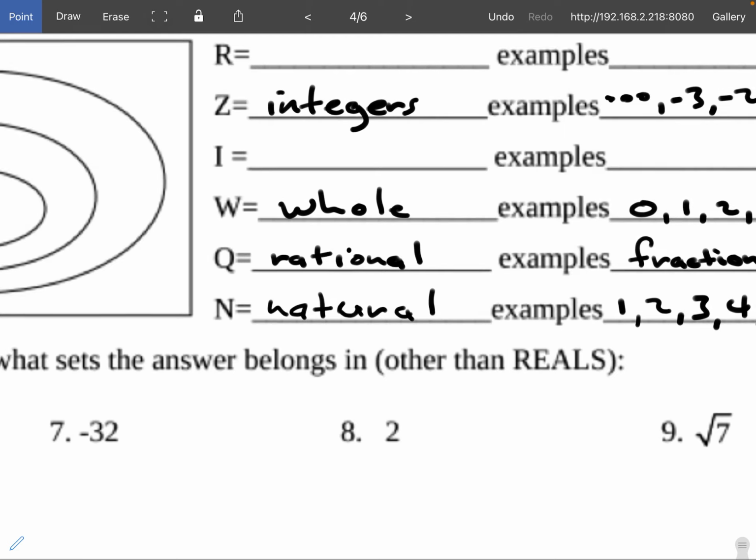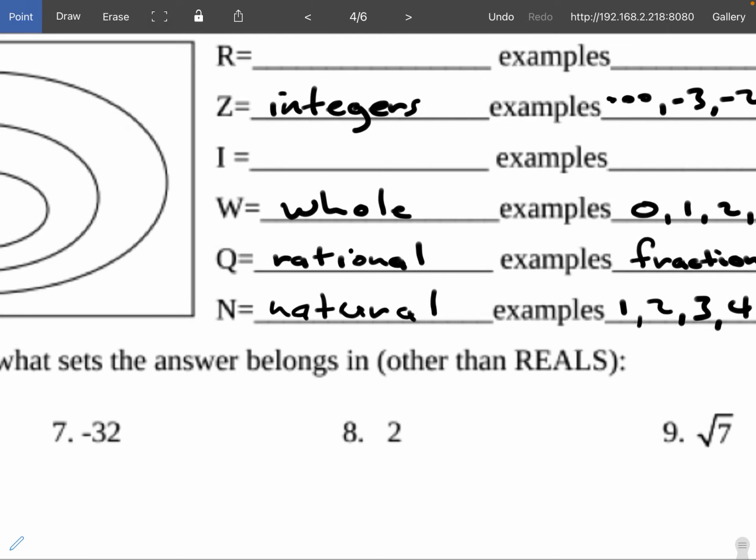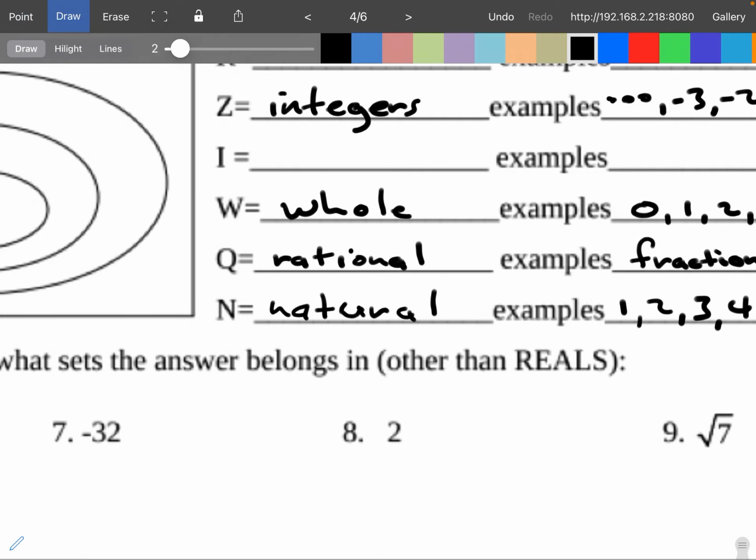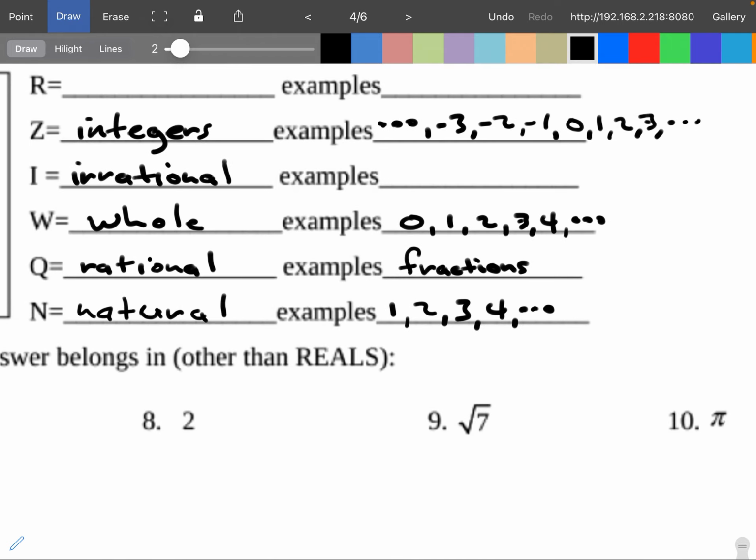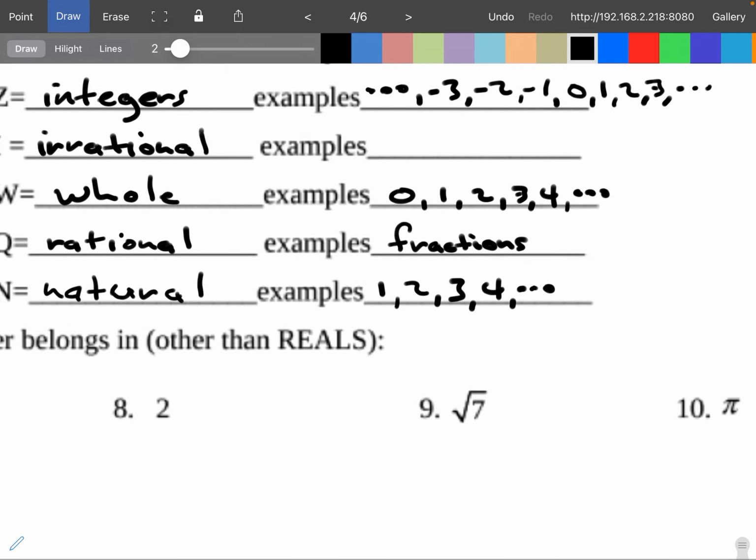So let's go back and fill this in then. So we got to put in the irrational. So this is irrational numbers. And again, the symbol is I. And for those, we just did a whole bunch of examples over there on the side. We're just going to say right here, these are not fractions.